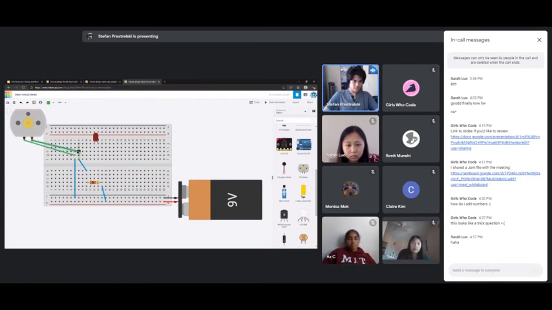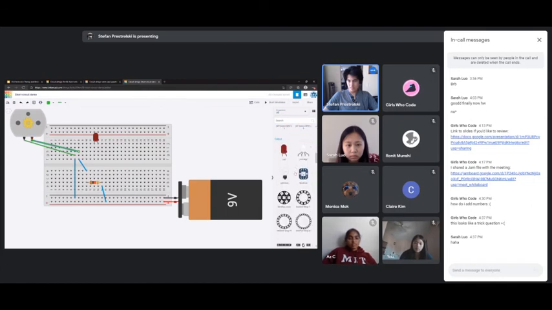But for other things, let's see, is there something I can blow up in here? I'm pretty sure there's something here I can use. Let's see if there's a sensor in here.